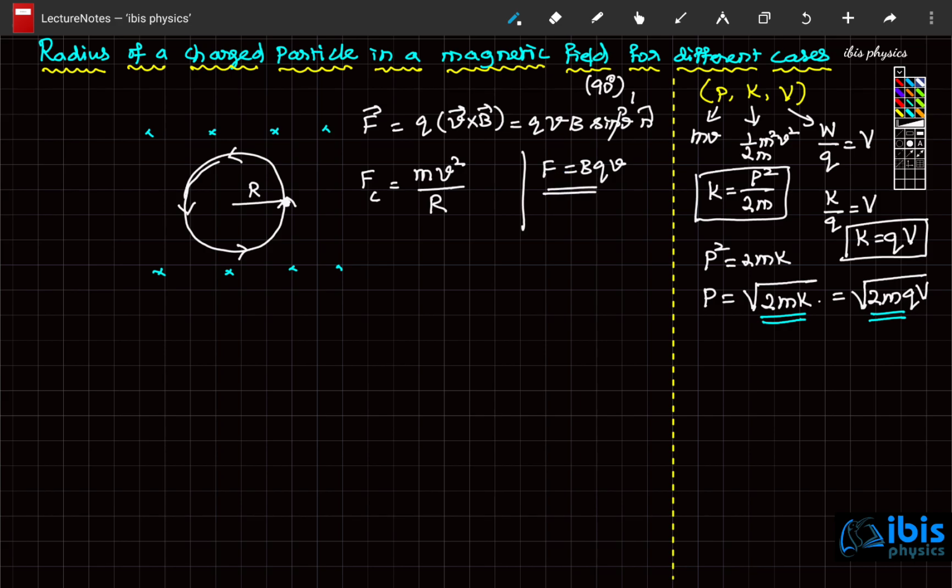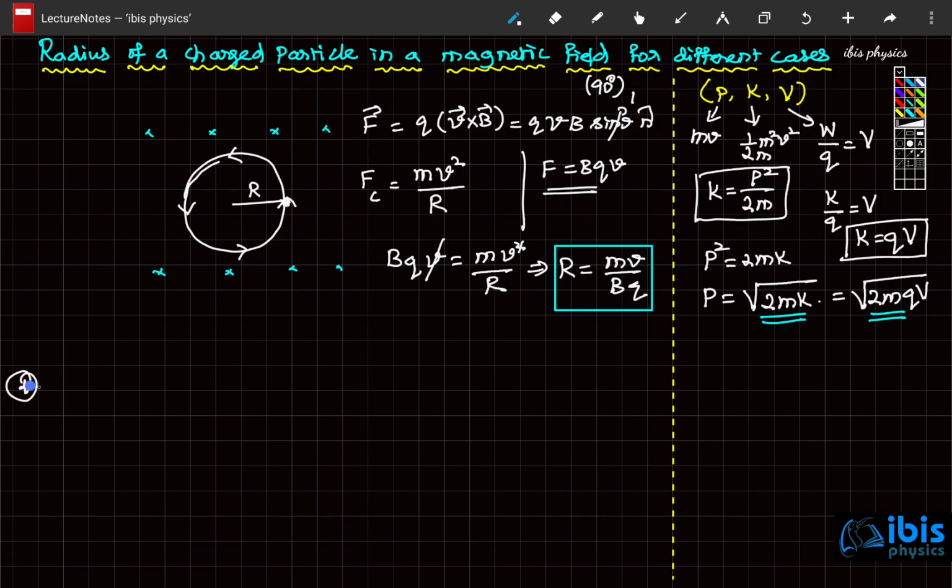So the force is Bqv. This Bqv is the force providing the centripetal force, hence we can equate these two. So Bqv equal to mv square by r. One v will cancel, so r is equal to mv by Bq. So the radius of a charged particle in a magnetic field is given by r is equal to mv by Bq.